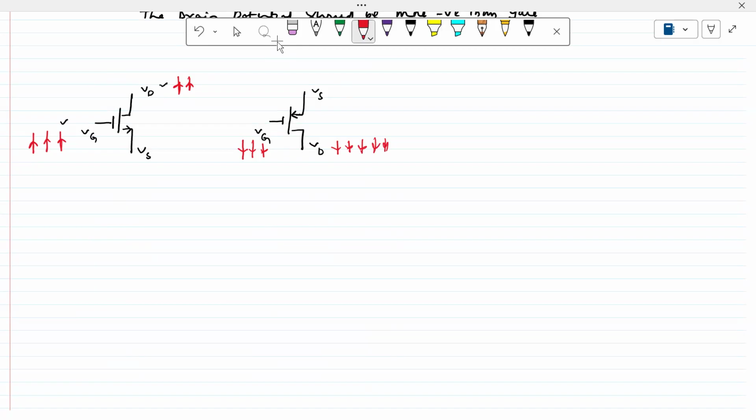So please remember that if the drain is decreasing more and more, it will enter saturation. If the drain potential increases more and more, it enters the linear region.